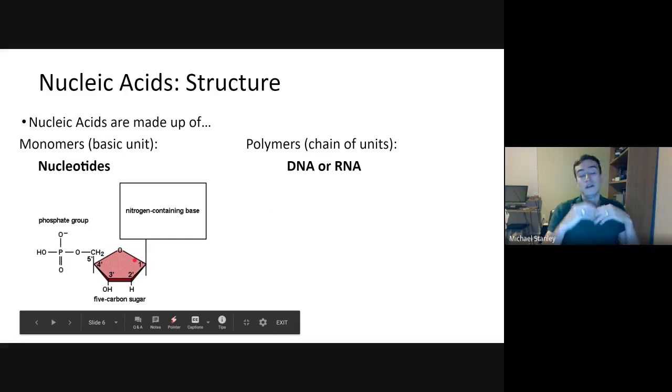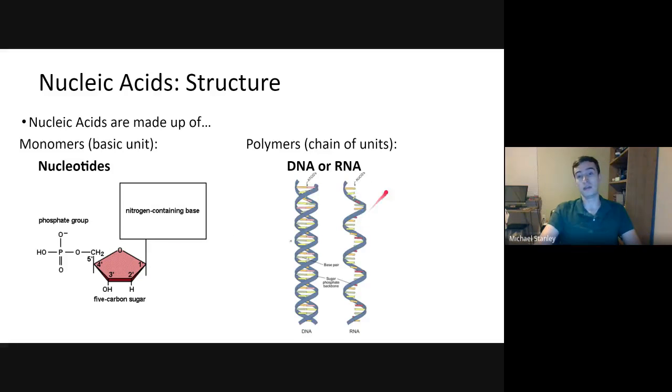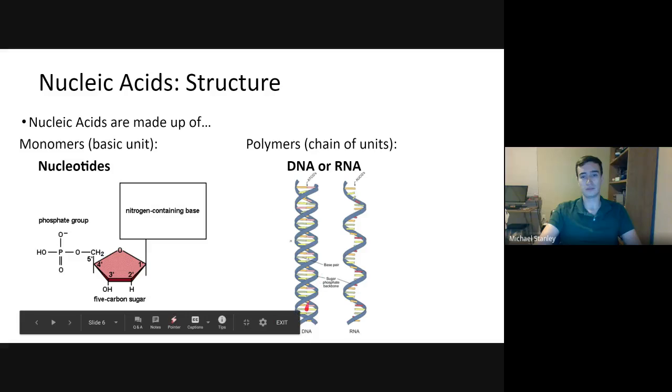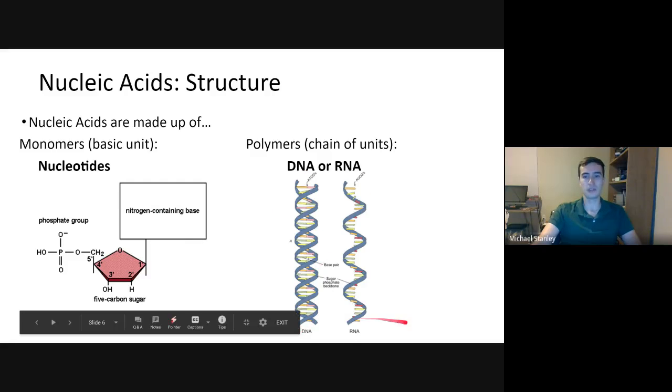Now, if you take thousands or millions of these nucleotides and put them together in a big long chain, you get DNA. Or in some cases, DNA's single-stranded cousin, RNA. So DNA and RNA are both nucleic acids. That's what the NA stands for. DNA has two strands.